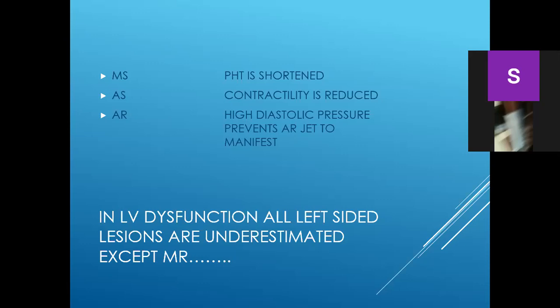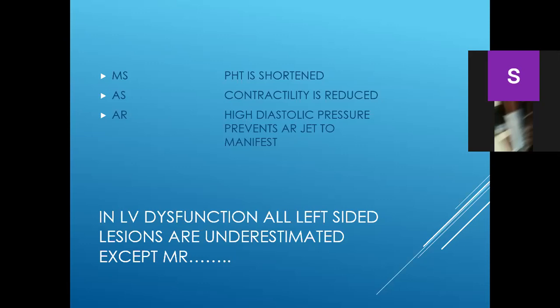When there is LV dysfunction, in mitral stenosis, the pressure half time shortens, because the pressure difference between LA and left ventricle in diastole shortens. When the gradient shortens, the pressure half time shortens, and the mitral valve area increases. So in mitral stenosis, you overestimate the area and underestimate the stenosis.